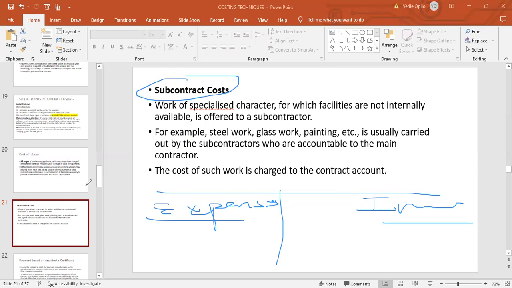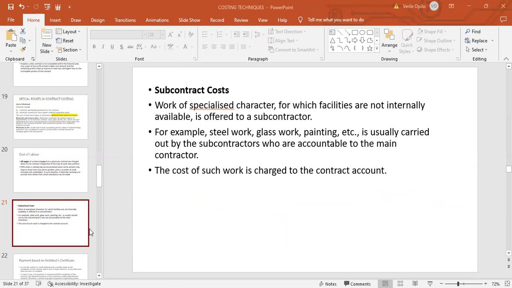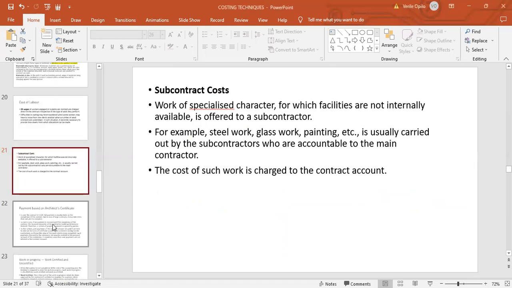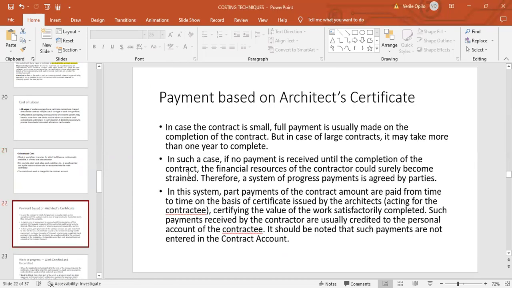So that is another important factor we need to consider when preparing contract accounts. Another important aspect with regard to contracts is the payments that are made. Most contracts are large in size, meaning you cannot fulfill them within a short period of time.